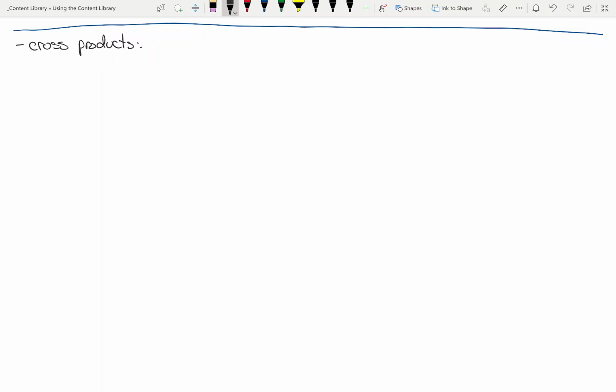Let's do the first one. Okay? So how are we going to do this? We're going to set this up in a matrix, right? The top row is going to be ijk. The middle row is going to be these terms. Bottom row is going to be these.